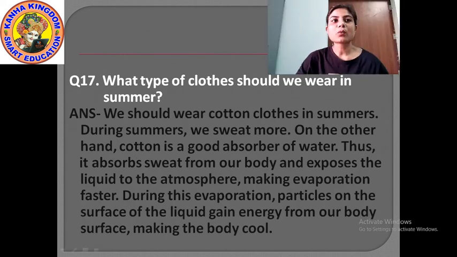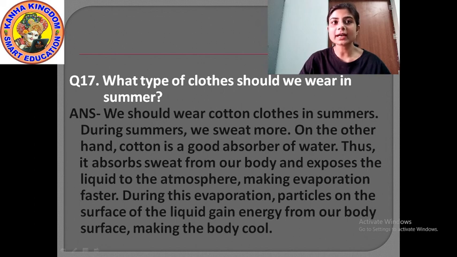So students, now question number 17. What type of clothes should we wear in summer? The answer is, we should wear cotton clothes in summer. During summer, we sweat more.